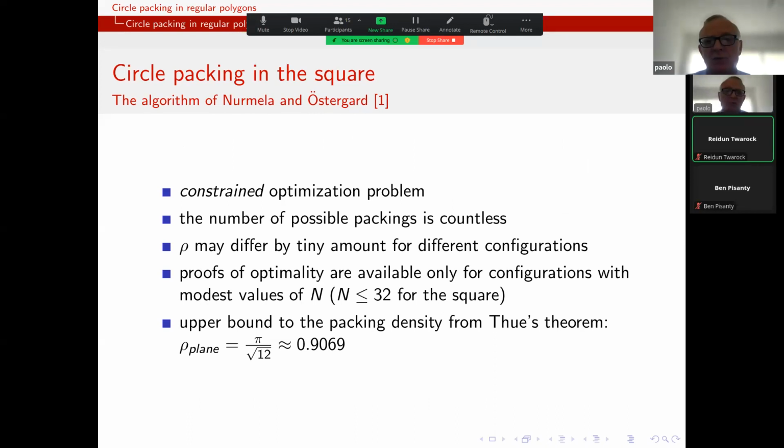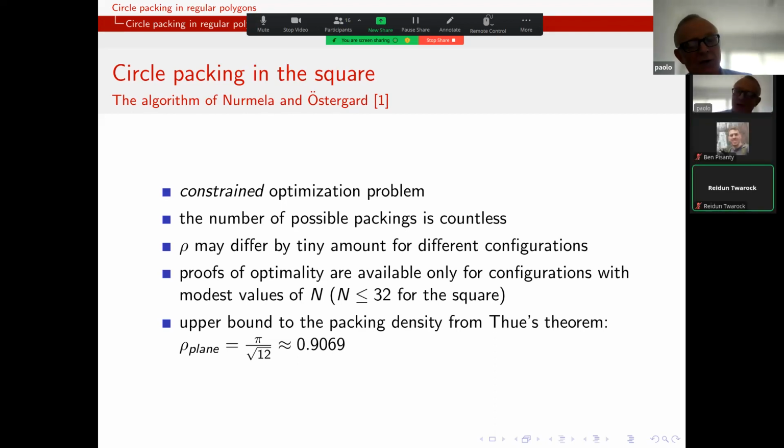The number of possible packings is very large, I would say countless, because in some instances one or more disks could be rattlers, so there is actually an arbitrary number of positions that they can fill. The packing fraction in some cases may change very slightly from one configuration to another. So that's also a numerical challenge.